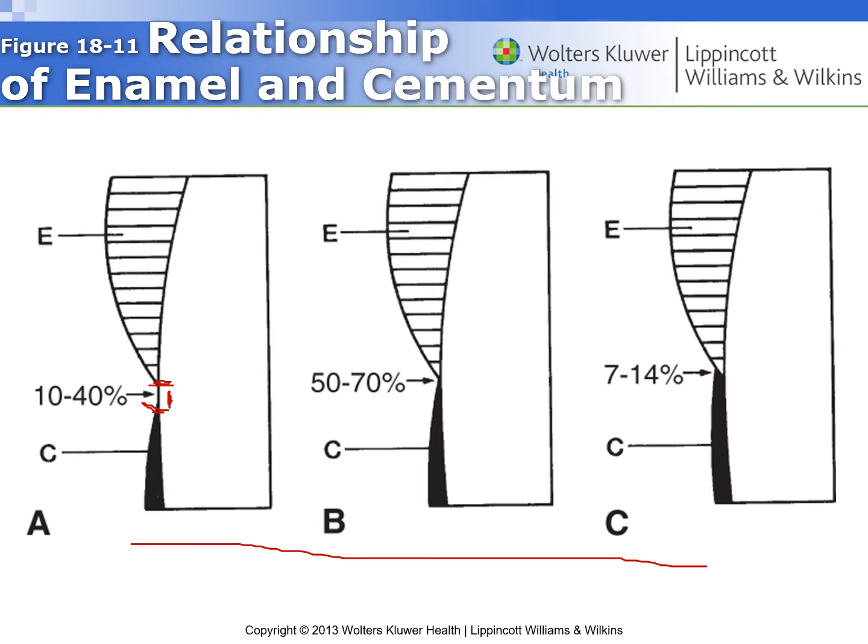You have 50 to 70%, so the majority of people, where the cementum, in this black line, meets the edge of the enamel. Unless you scrape or scale this cementum off, it should be protecting, and they should not be super sensitive. But you have 7 to 14%, handfuls of people, where the cementum goes up over the enamel. So it grows that way.